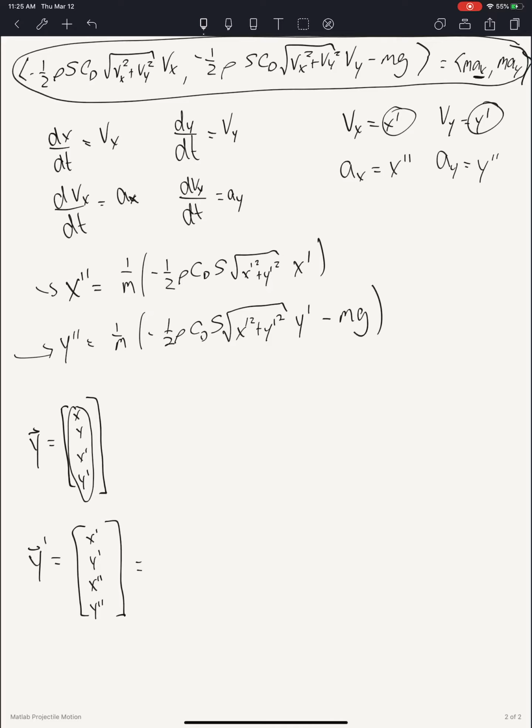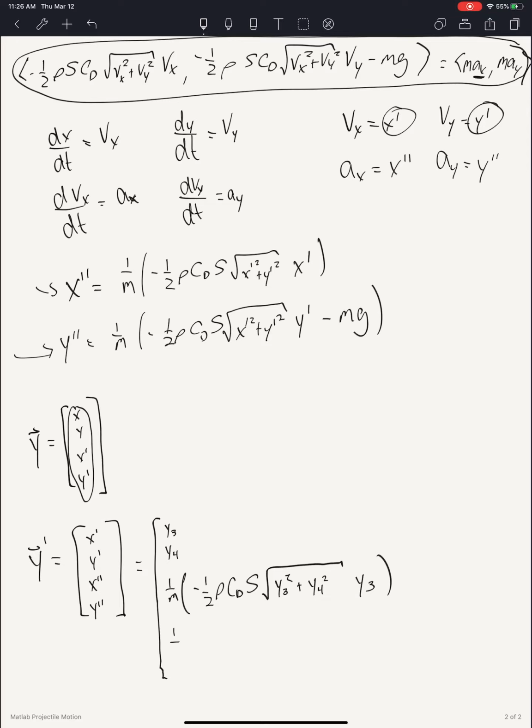And I can put these in terms of the components of y. What is x prime in terms of the components of y? That's just y3. And y prime, that's just y4. x double prime is 1 over m times negative 1/2 times rho times c d times s times the square root of y3 squared plus y4 squared times y3.